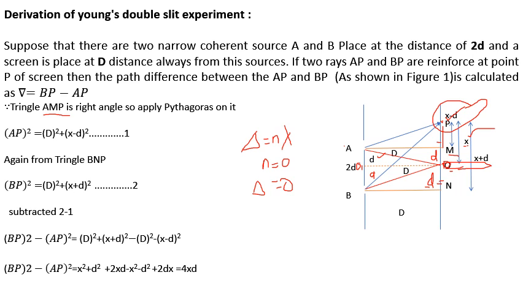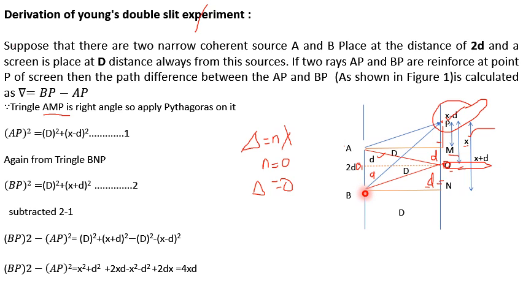What is our base? AM. What is our perpendicular? PM. So AP square is equal to D square plus X minus D whole square. This is our first equation.